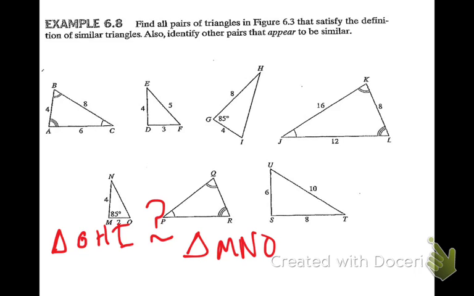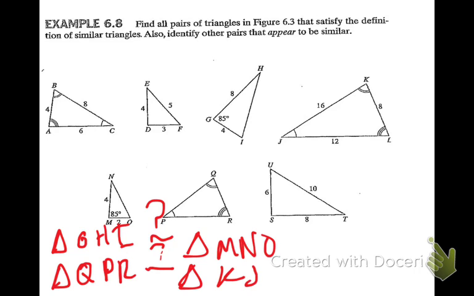So that would be a pair. I didn't have that one listed, but we could say that. So triangle QPR is possibly similar to triangle KJL because they have angles that are the same.